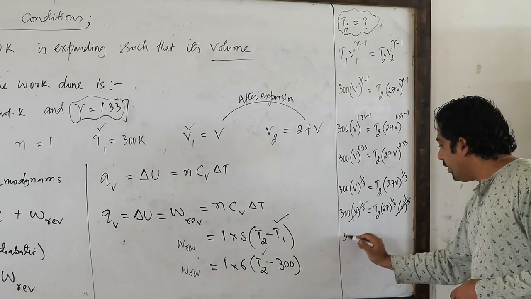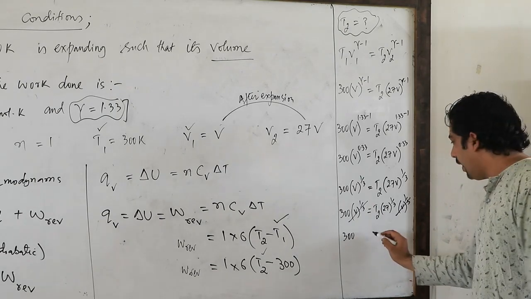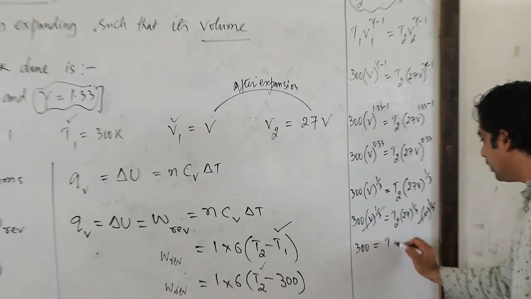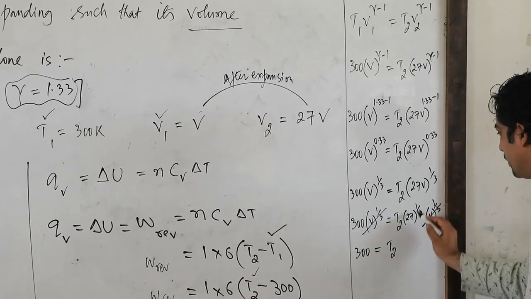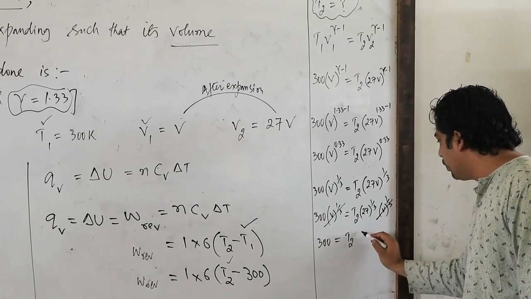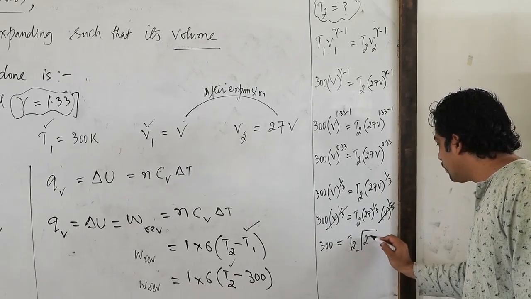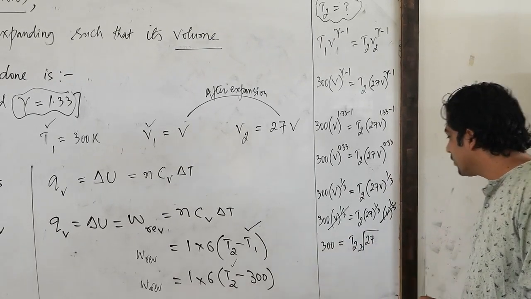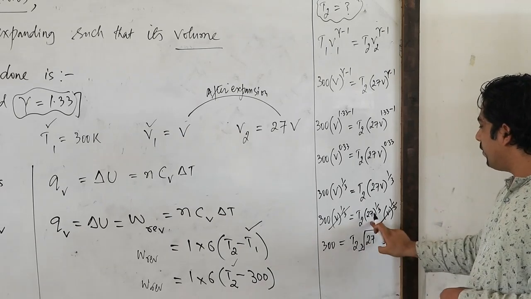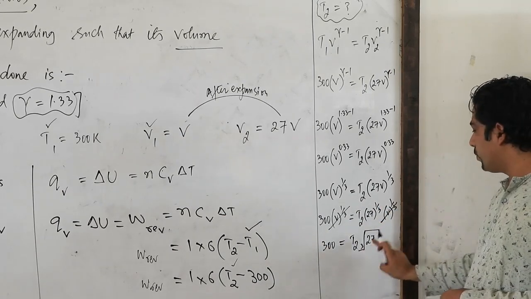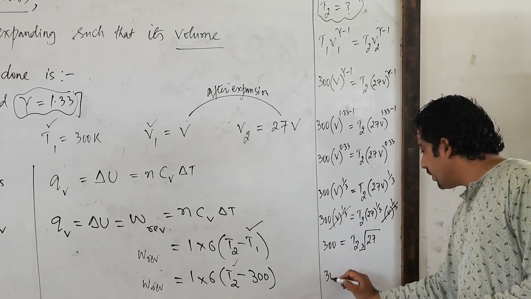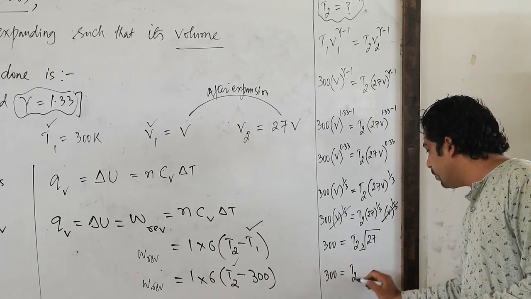Try to focus here, I'll get 300 is equal to T2 times 27 raised to power 1 by 3, which is the cube root of 27.